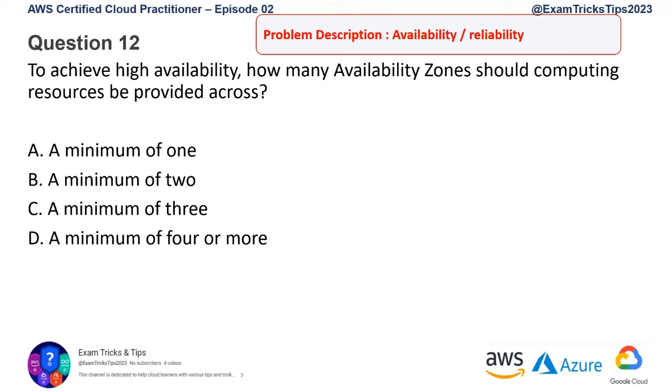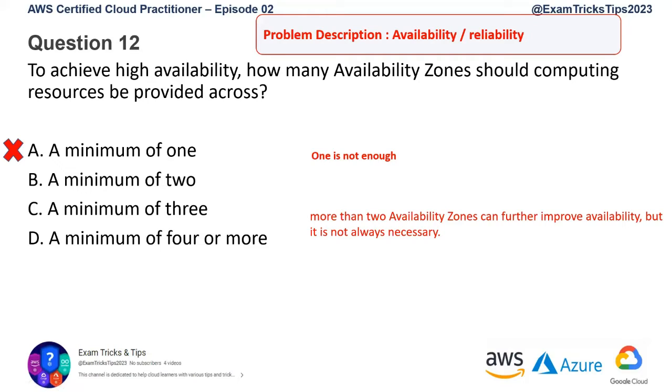Now look at option A, minimum of 1. If we have 1 AZ and it goes down, you have no service, so 1 is not enough. And 4, which is option C and option D, they're talking about more than 2 availability zones. That will give you even higher availability, but you don't need anything more than 2.